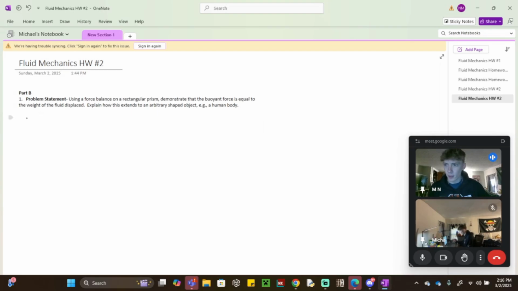So the first thing I'm going to do is draw a diagram of our rectangular prism. We can imagine we have some sort of tank here, and we've lowered our rectangular prism in.